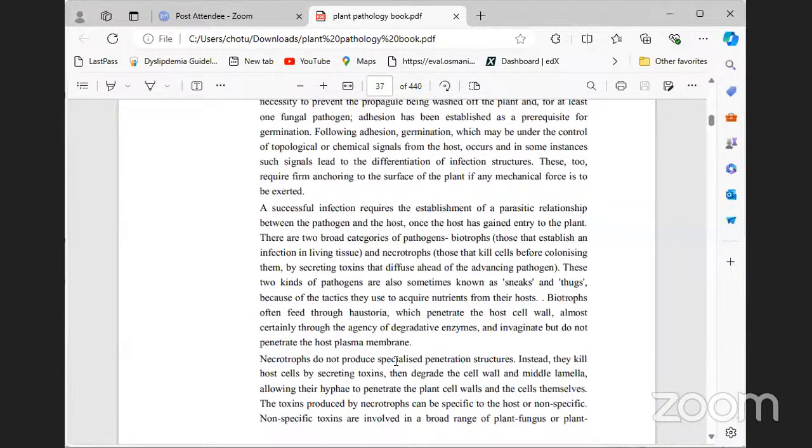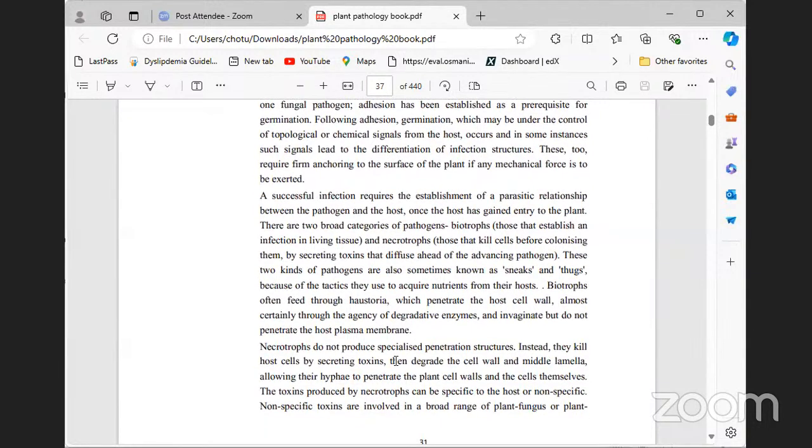A successful infection requires the establishment of a parasitic relationship between the pathogen and the host. Once the pathogen has gained entry to the plant, there are two broad categories of pathogen: biotrophs and necrotrophs. Biotrophs establish an infection in living tissues.